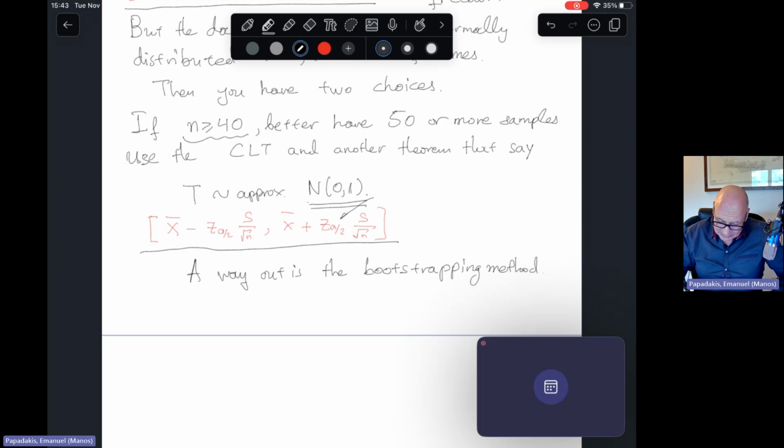So this value here, you find by using the quantile command for R. For example, if I want to find alpha over 2 for alpha equal 0.05, I take the quantile function, Q, and because I use the standard normal, I use the command Qn, and I will put here 0.025.